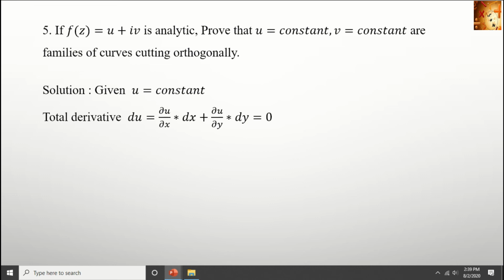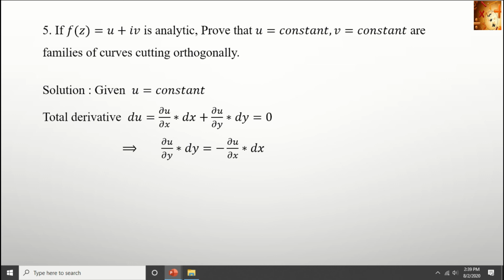Finding the total derivative, u is a function which depends on x and y, so we have the partial derivative with respect to x and with respect to y. The total derivative will be du equal to dou u by dou x into dx plus dou u by dou y into dy equal to 0, which implies dou u by dou y into dy equal to minus dou u by dou x into dx.